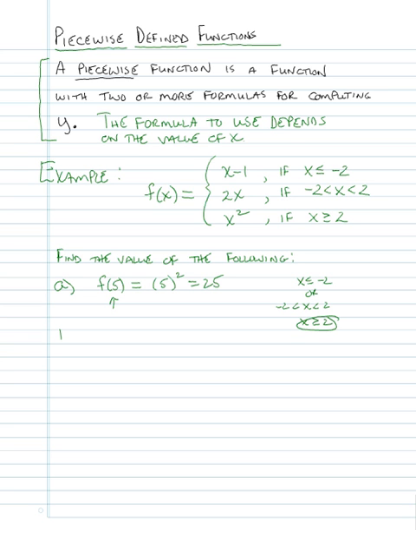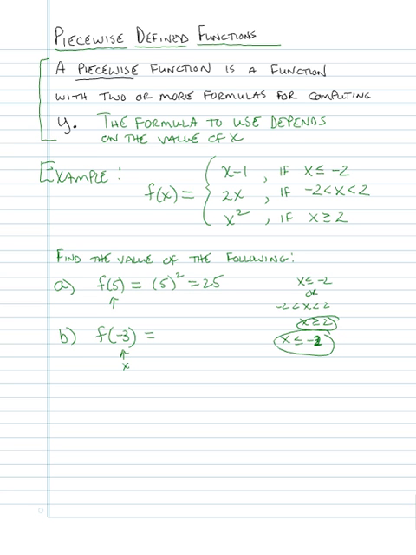Now, on the other hand, if we were asked to calculate f of negative 3, we would see that the x value we're using now satisfies the condition that x is less than negative 2. Well, if x is less than negative 2, we use the formula x minus 1.